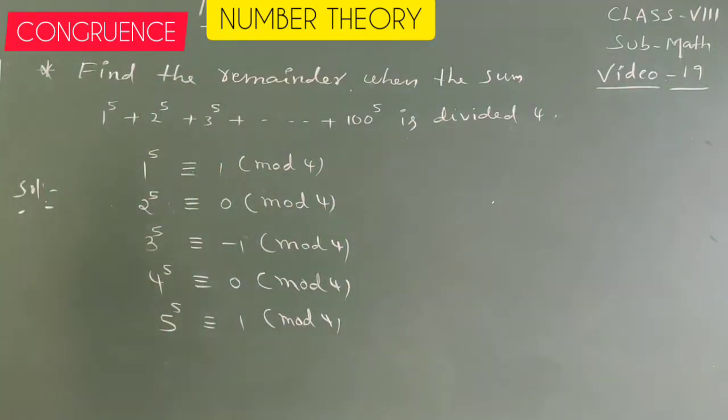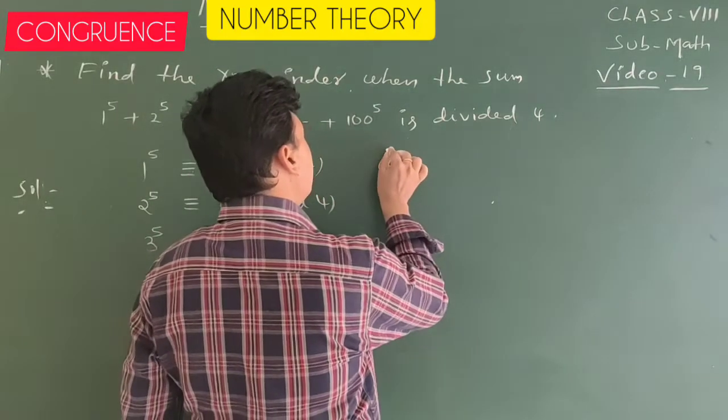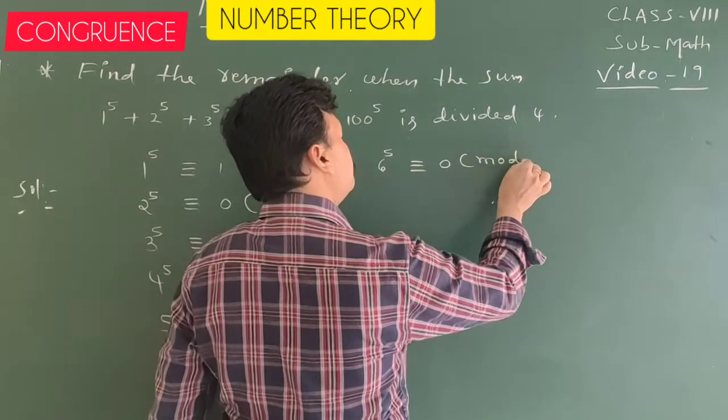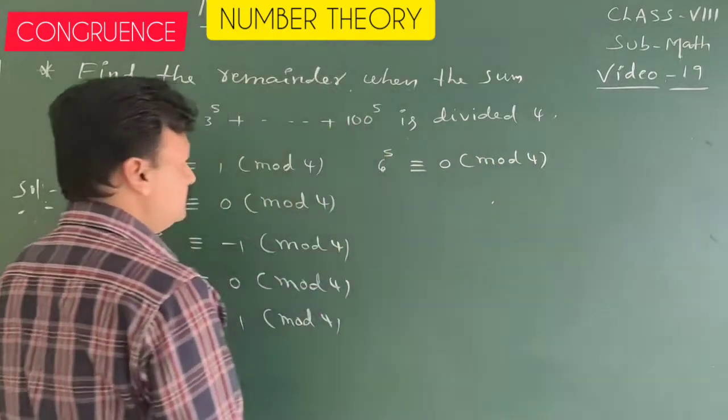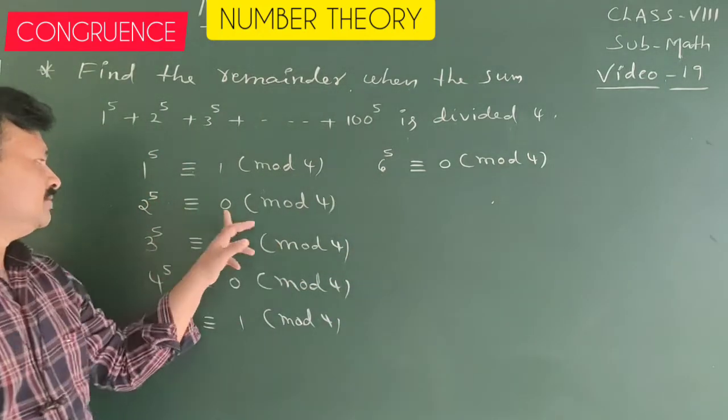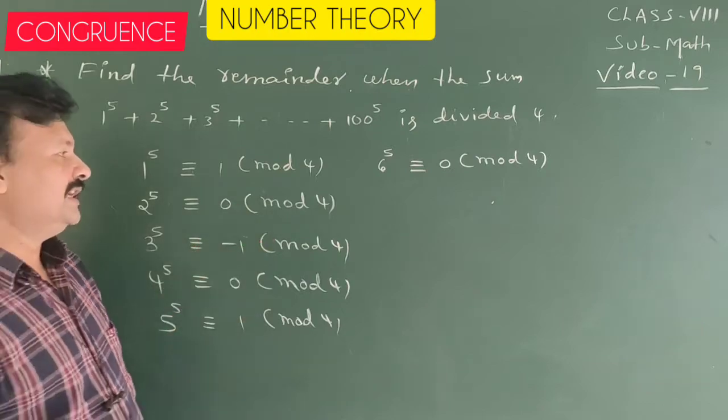Next, 6 power 5 is congruent to 0 mod 4. 6 power 5 contains 2 power 5 as a factor, so it is divisible by 4 only.